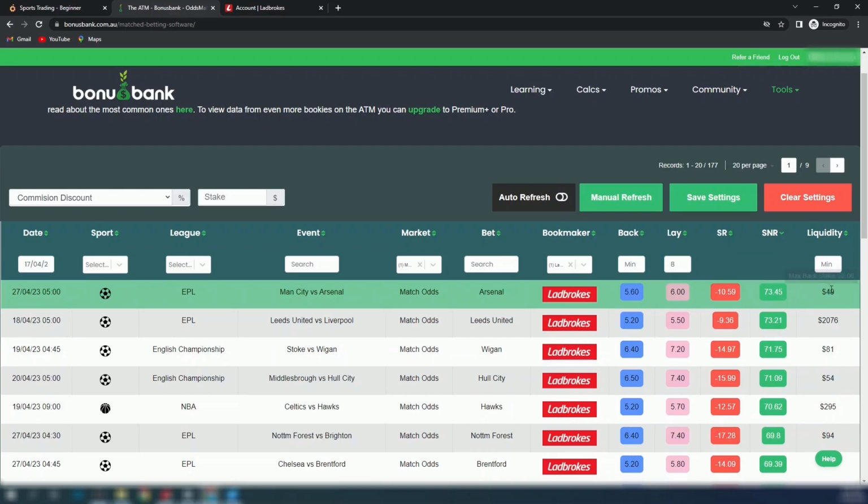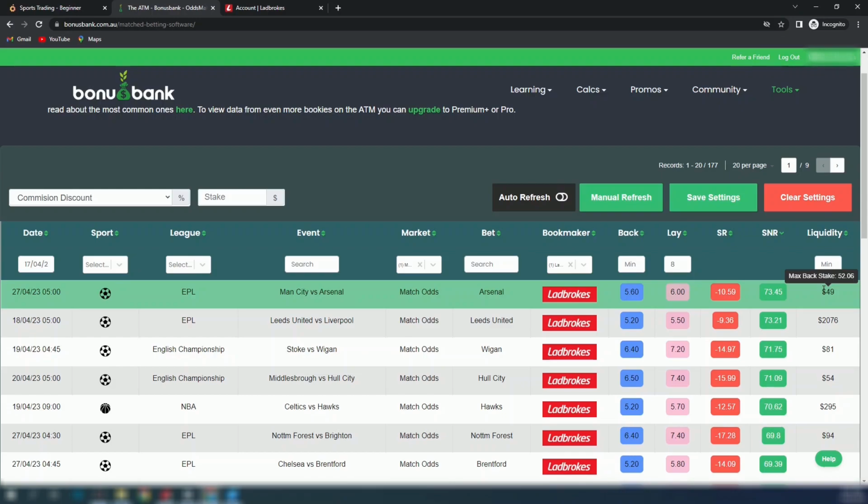But if we head over to liquidity, we can see that it's not enough. And I should mention that for this example, I'm going to do a $125 bonus, just because trying to turn over $250 in bonuses can be quite difficult with a standard sized bankroll of $400 to $700.